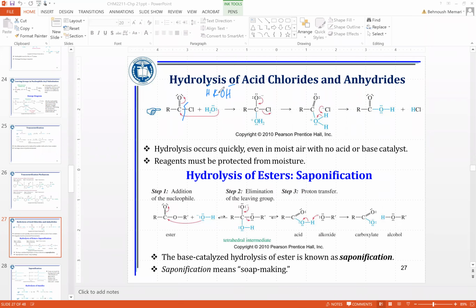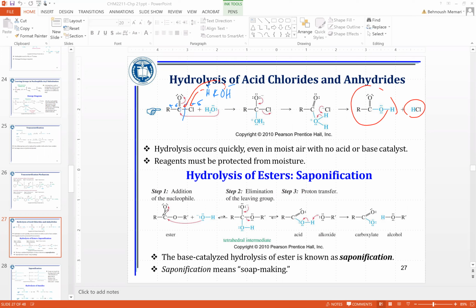H is plus, OH is minus. If you break this bond, then chloride is going to be minus, and this carbonyl is going to be plus. H is going to form a bond with the negative side, and OH will form a bond with the positive side. So you get carboxylic acid plus HCl.